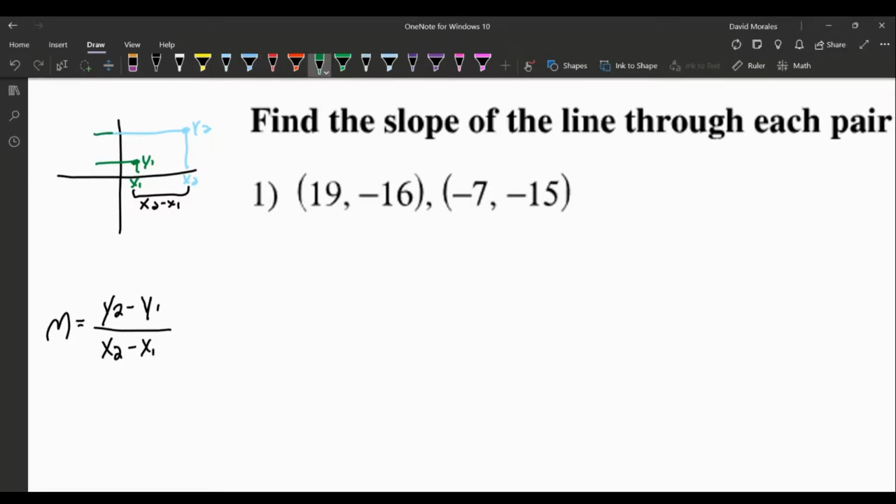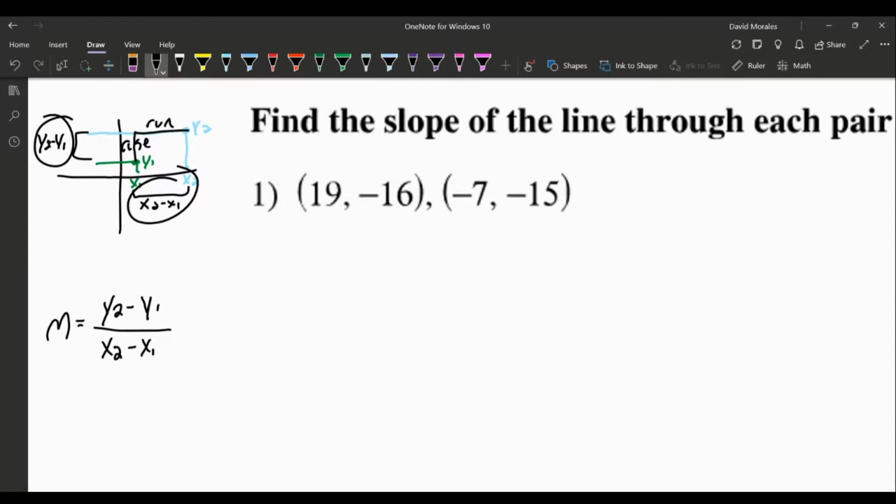So again, you subtract the difference, and you find out how much higher is y2 minus y1. And once you find those two differences, you find out how much this point moved up and over. We're just finding out the rise over the run.